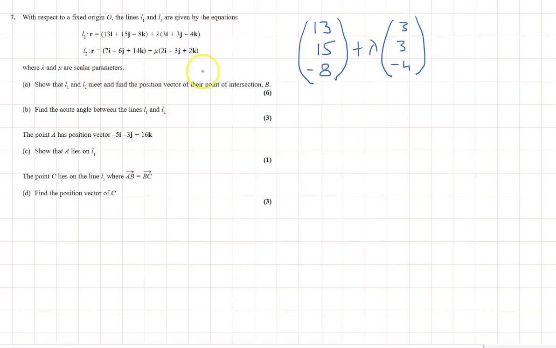Show that they meet, so they are going to be equal at the point of intersection. So that will be (7, minus 6, 14) plus mu (2, minus 3, 2).